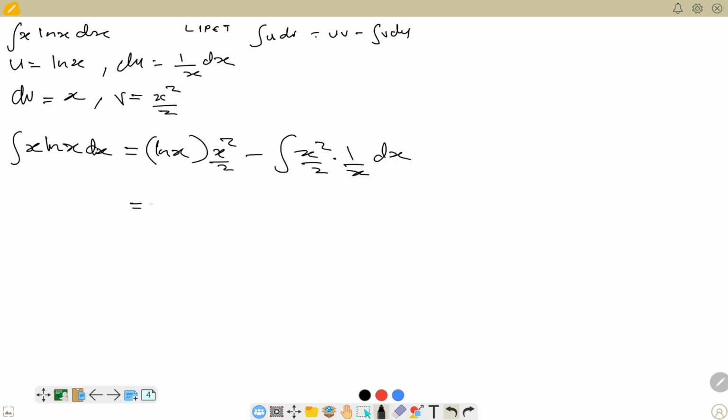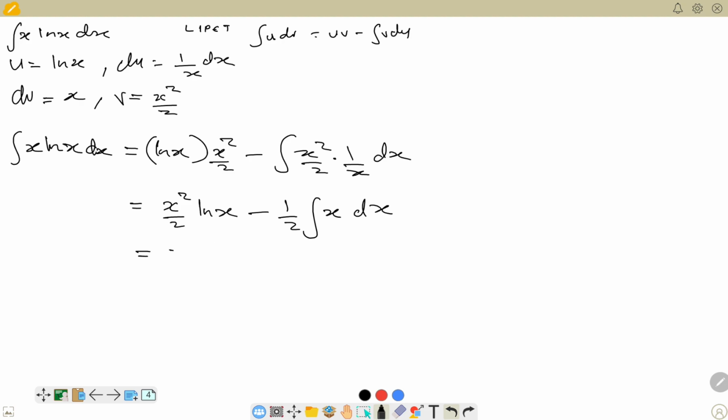What we need to do is simplify. Perhaps we can start with x squared over 2 times ln x, it looks better that way. Inside the integral we have x squared over x, and we can factor out 1 over 2. Then x squared over x is just x dx.